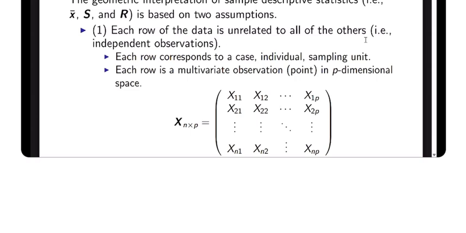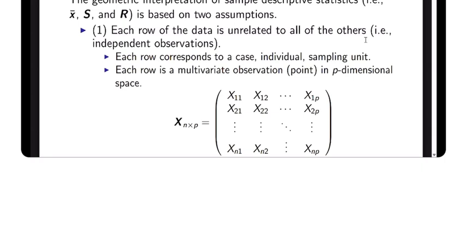The sample geometry here, we assume that every data point that we have in a multivariate analysis is actually a vector in p-dimensional space. I'm going to say that again.